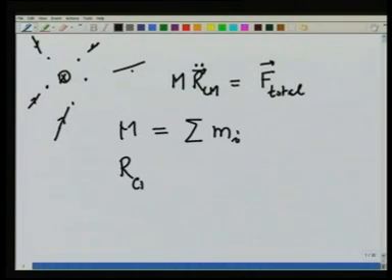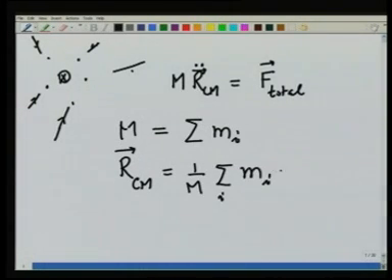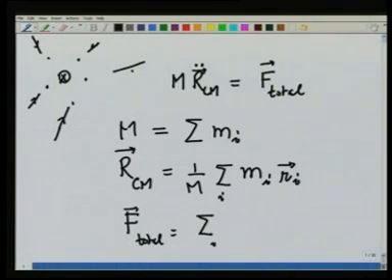The vector RCM is defined as 1 over m summed over mi Ri, that is a vector for each individual particle, and F total is the net force being applied on the system totally.